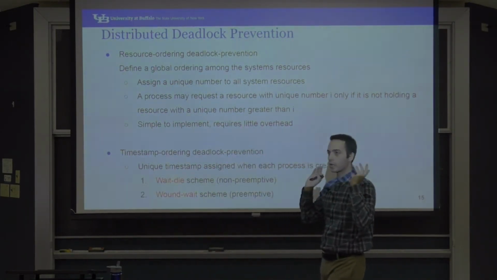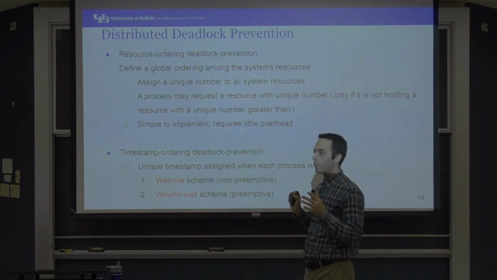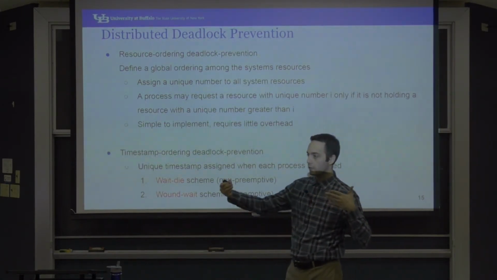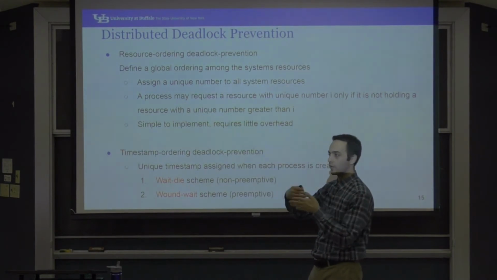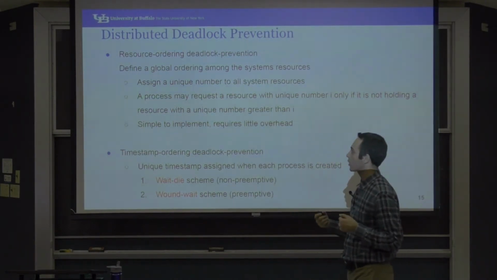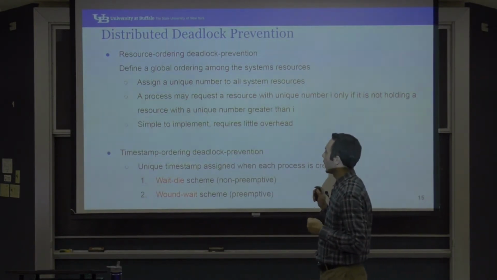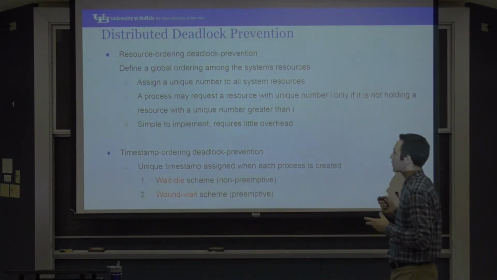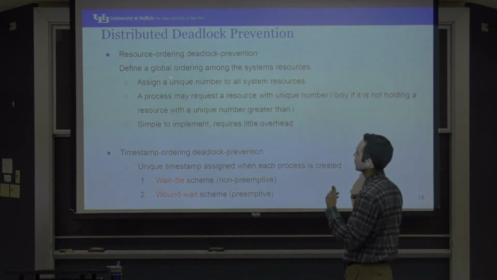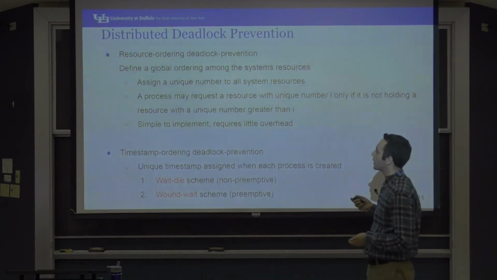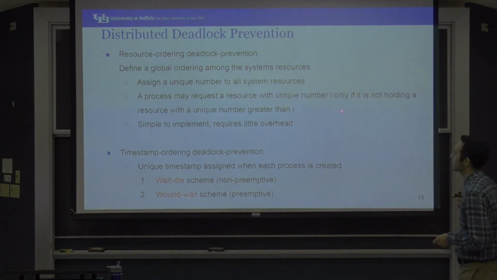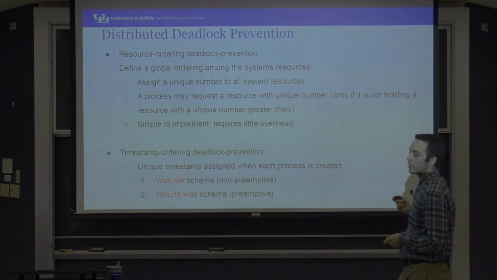You're just defining a logical direction, and based on that direction, you prevent a deadlock, which happens if you have opposite directions, right? So in this case, you can assign a unique number to all the resources, and a process may request a resource with unique number i only if it is not holding a resource greater than i.